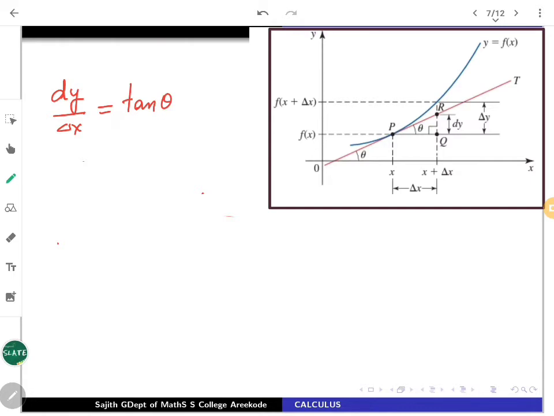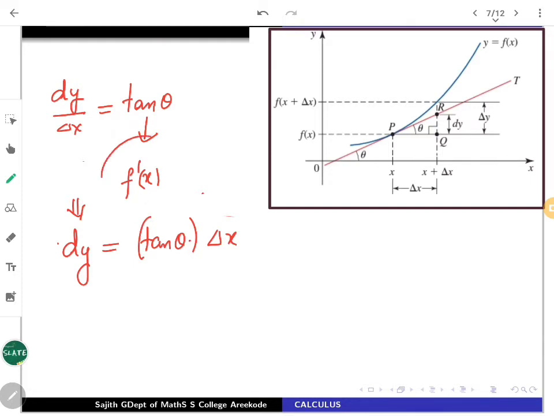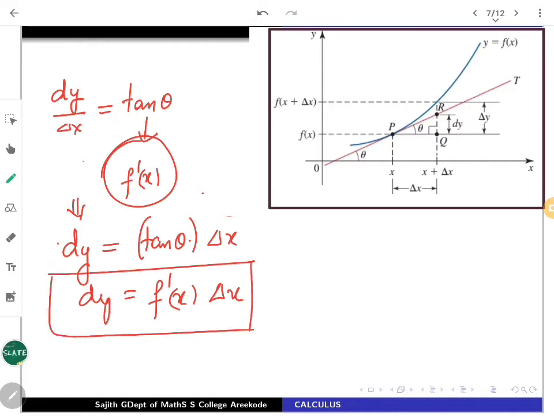But that tan theta is going to become f dash x whenever it is differentiable. So this implies dy equals tan theta times delta x, but tan theta is f dash x. So f prime x times delta x is the appropriate expression. So dy is precisely f dash x delta x, right?